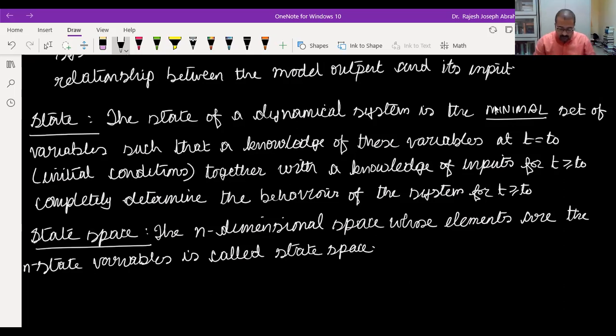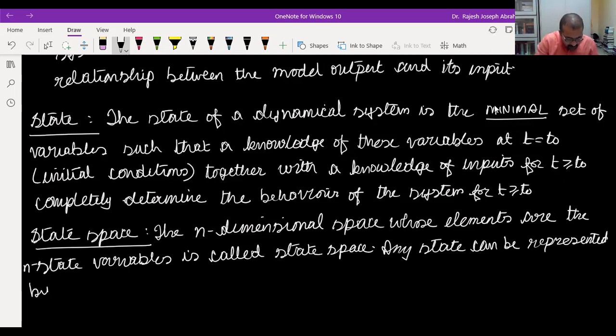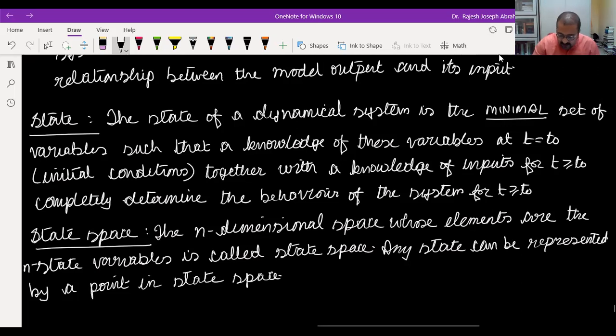How can we represent a state? By a point. Any state can be represented by a point in the state space. So this is the formal definition of state and state space.